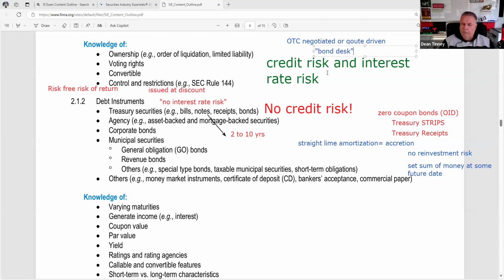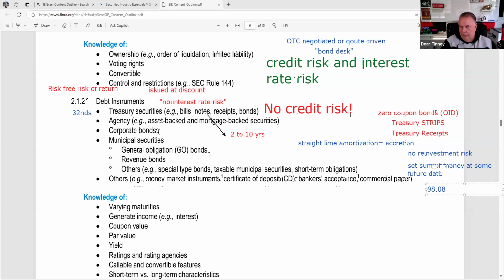And my minimum spread when trading treasury securities is going to be a 32nd. Government securities trade in 32nds. Not T-bills. T-bills are traded on a discount from face value, but treasuries would be something like this. You call and say, "Hey, Dean, I'm interested in a quote on my treasury bond."